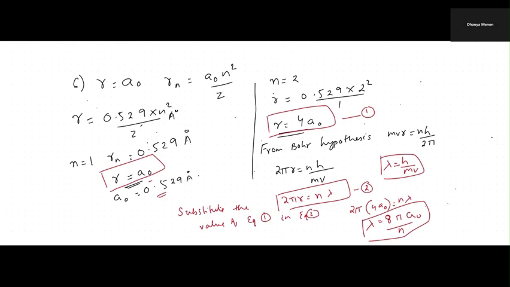They have asked the wavelength for the second orbit of hydrogen. According to the Bohr hypothesis, angular momentum is an integral multiple of h by 2 pi, nh by 2 pi. And we also know the expression for wavelength given by de Broglie, lambda is equal to h by mv. We substitute these in the equation, and then we get the required wavelength. So basically you have to find out the de Broglie wavelength.